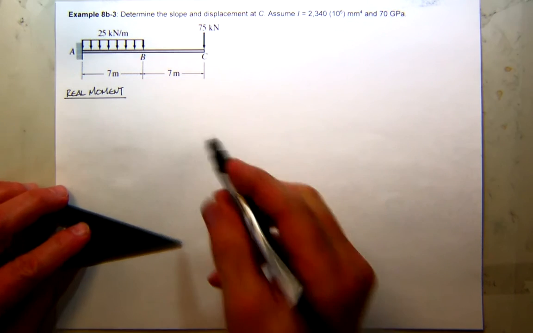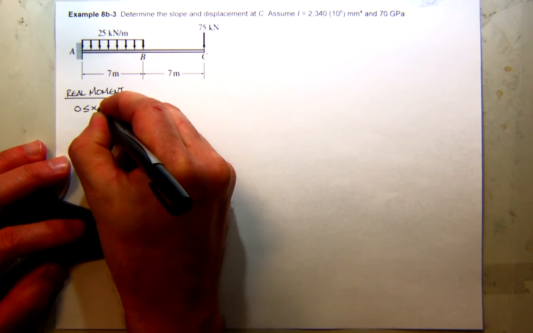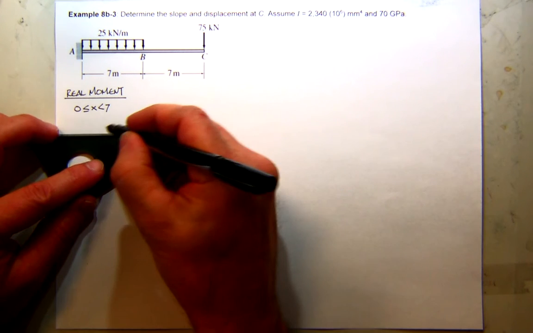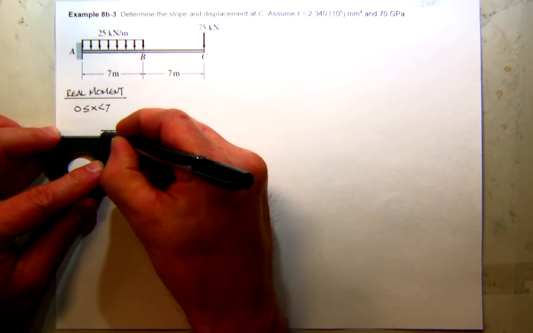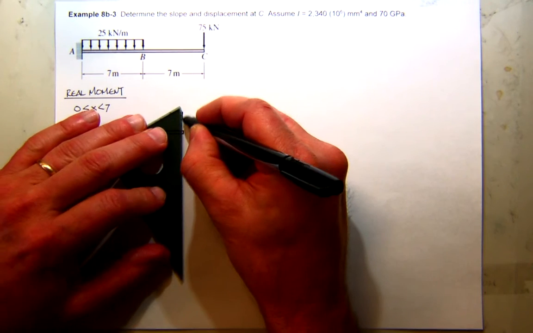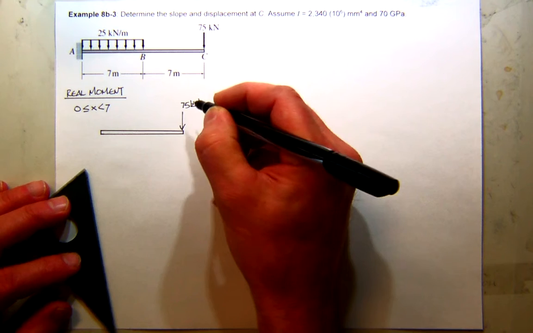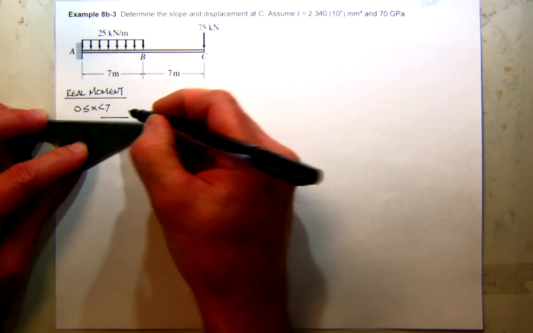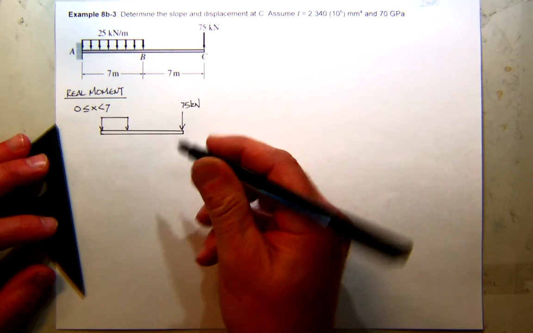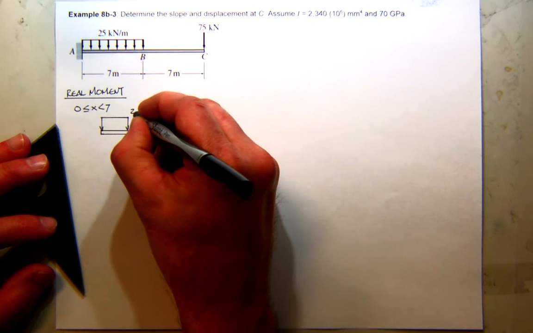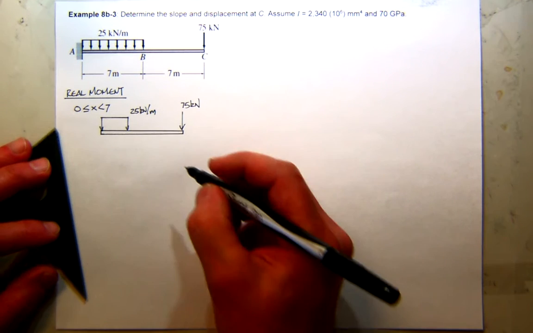That's what counts. All right, so let's look at the first one, which is going to be valid from x equals 0 to 7. And I'm going to cut my free body diagram. I'm going to look at the right-hand side. I know out here at the end, I have a 75 kilonewton force. And then I'll have some portion of this remaining. That has an intensity of 25 kilonewtons per meter.